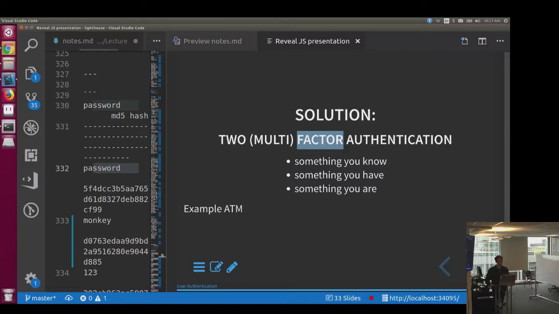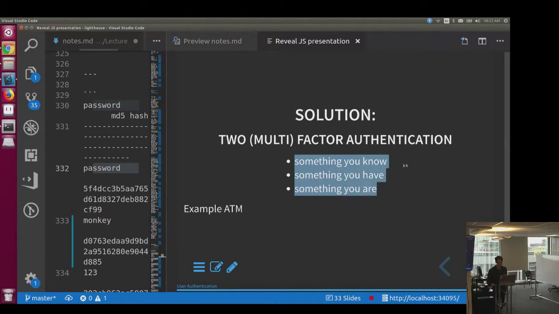Most people use security questions. What high school did you grow up in? What did you want to be when you grew up? If you just have 6 security questions, you don't have 6-factor authentication. That's still just one factor. A factor has to be different categories of proving who you are.